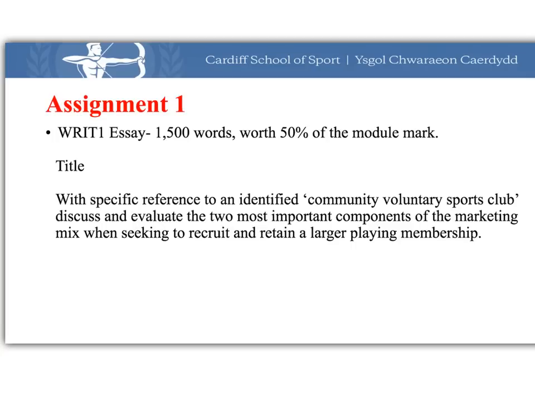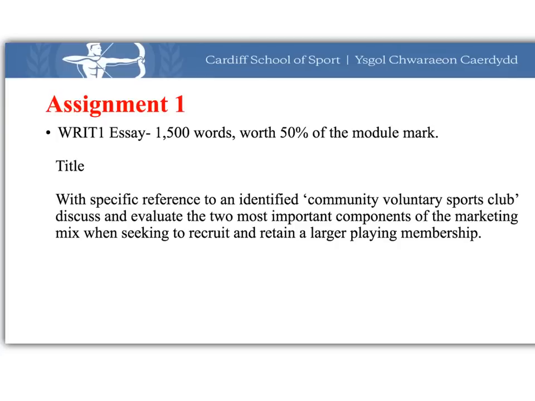This is a summary video and will be supplemented with 4 other videos linked to the key elements of the marketing mix. As a summary, Assignment 1 is a written essay with 50% of the module mark, an equivalent to 1,500 words.